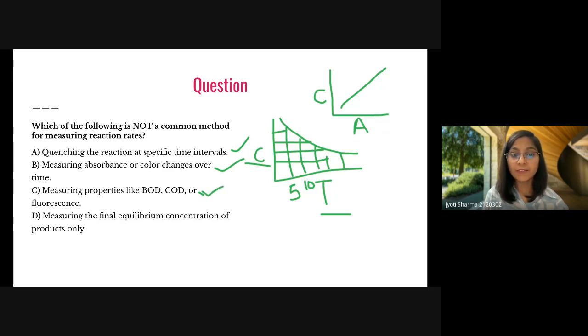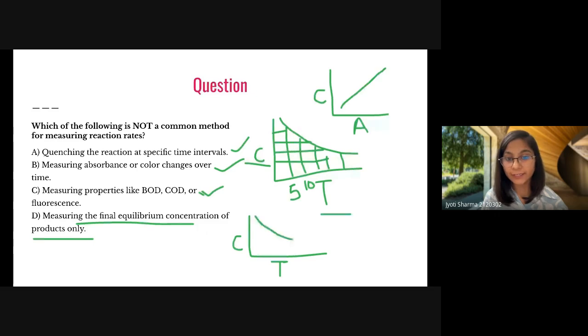But measuring the final equilibrium concentration of the product only is not an option. Because again, this is my concentration, this is my time, and this is how the reactant is decreasing with time. If I have just this one point, based on this I can't calculate the reaction rate.